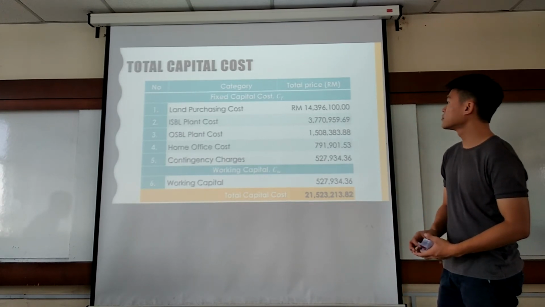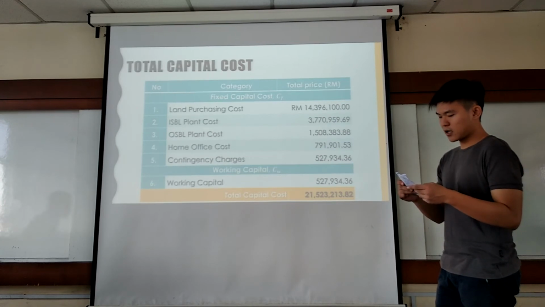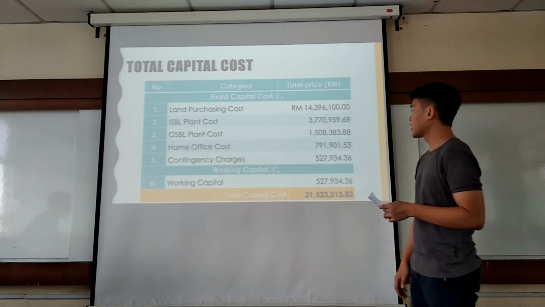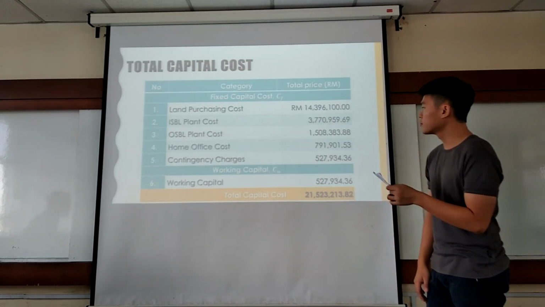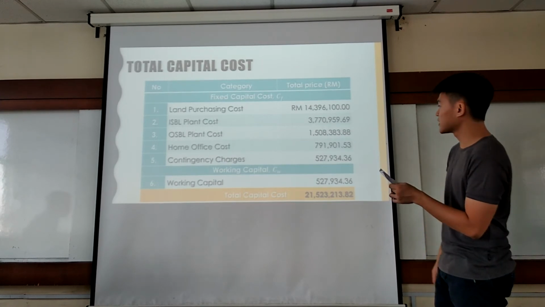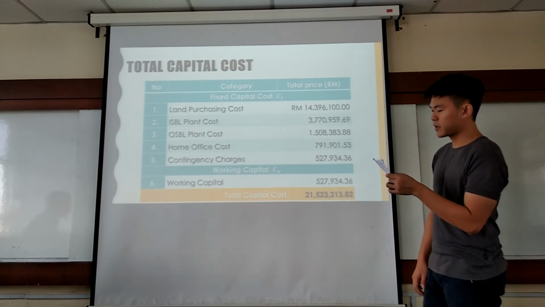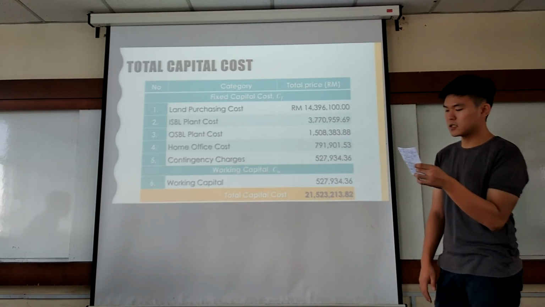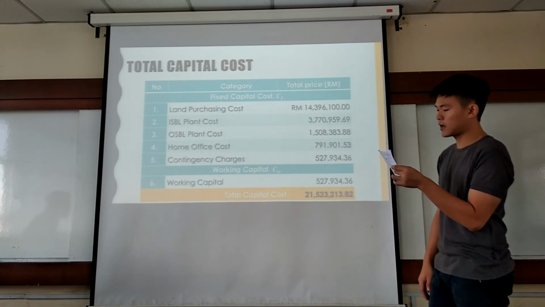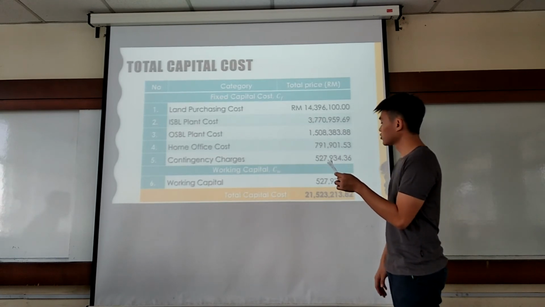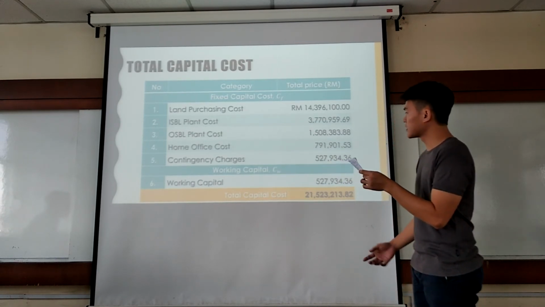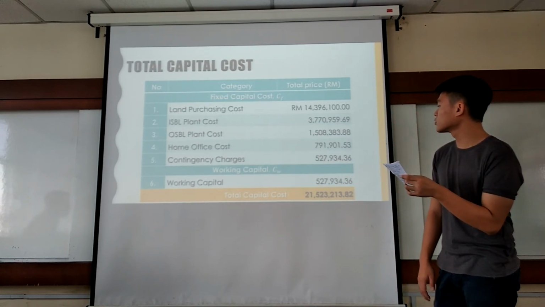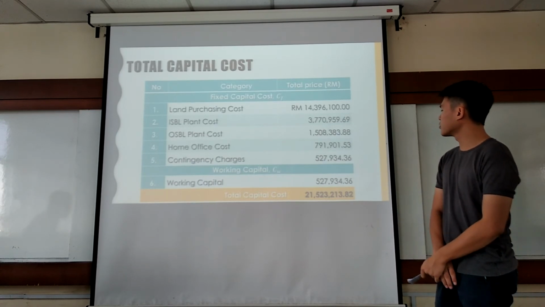Then the OSBL plant cost is 40% of ISBL. The home office cost is 50% of ISBL and the total of ISBL and OSBL. The contingency fee is 10% of ISBL and the total of ISBL and OSBL, and the working capital is the same. So the total capital cost will be around 21 million.